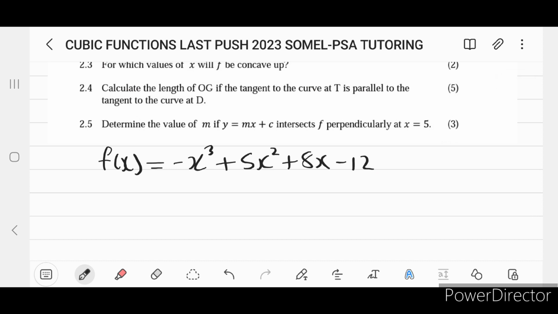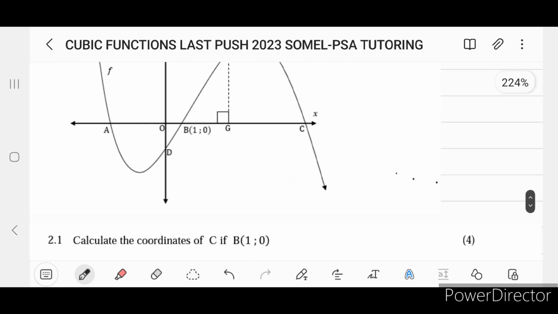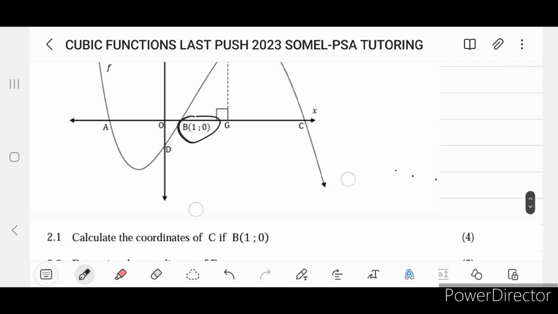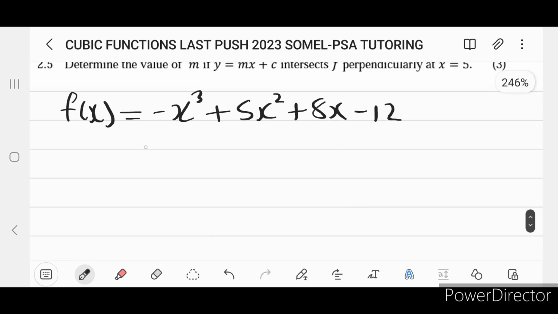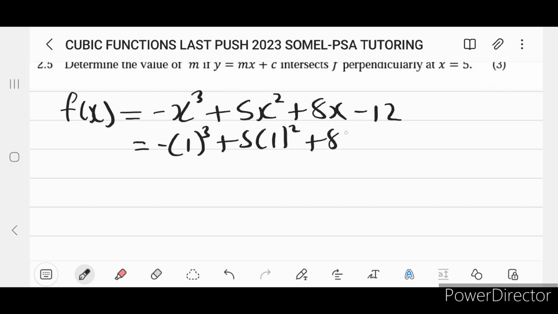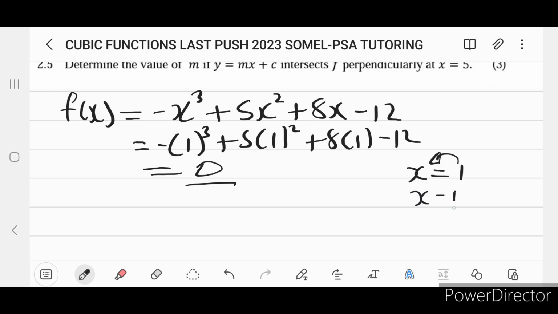So we know if we have an intercept, if we substitute, like you see here, they said if b equals 1, that means we already have one x-intercept. When I substitute 1 cubed plus 5 times 1 squared plus 8 times 1 minus 12, you must get 0. So that means your x will be 1, and if you want to make it a factor, it's going to be x minus 1.